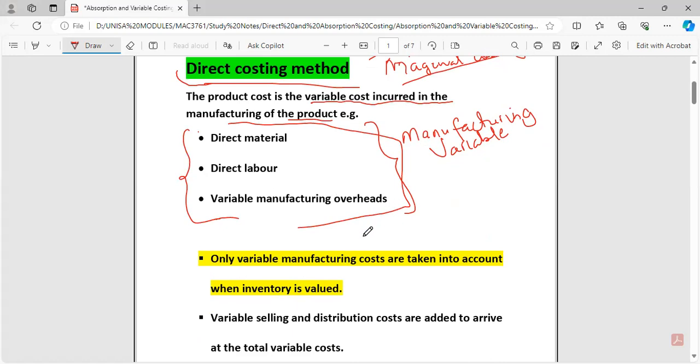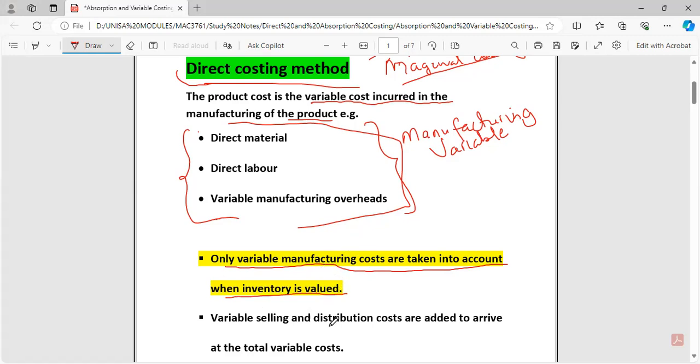So it's very important to know the difference between manufacturing cost and other variable costs. So that's on direct costing. When we do direct costing, it means we are only going to take variable manufacturing cost into the cost of the inventory. When we talk of inventory valuation, I think we'll talk about it down there. Let me just leave it for now.